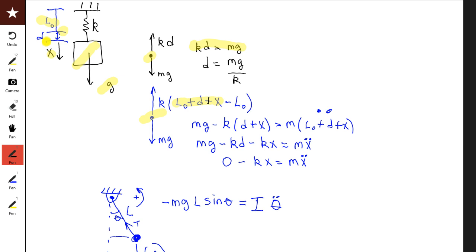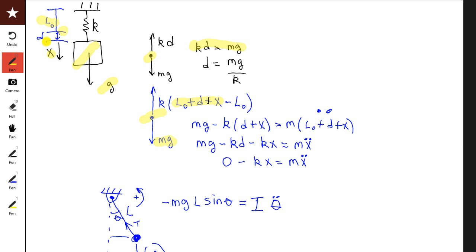That's how long the spring is, and then I simply subtract off the L0, and that's how far it has been stretched or deformed. So that is the equation for the spring force when you include the free length and everything in it. And I also include the mg in my free body diagram, which normally I ignore.